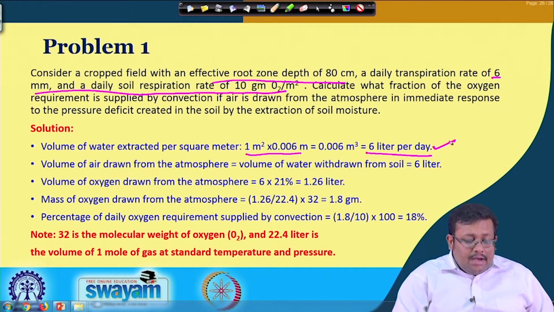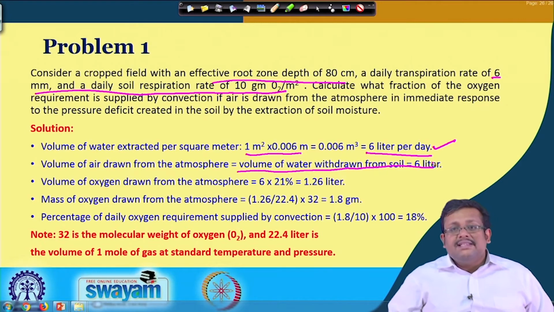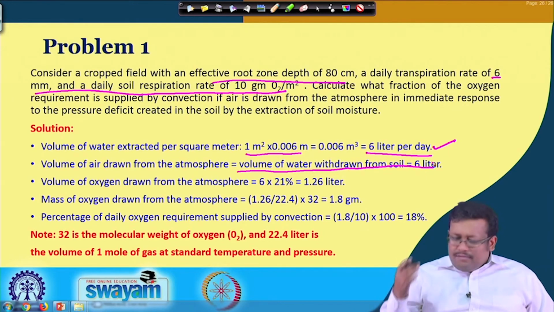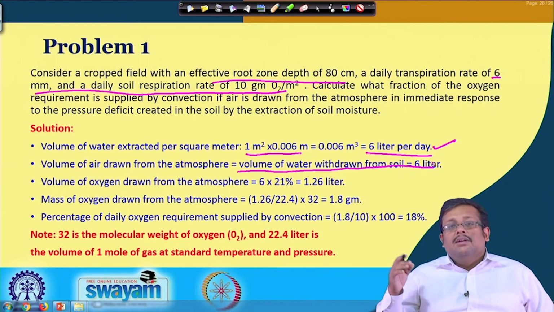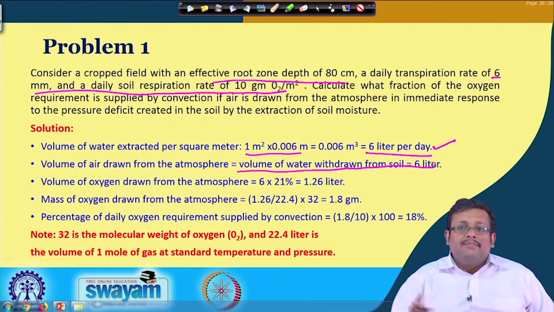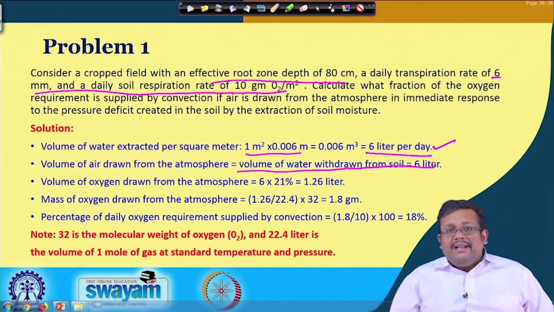Second, the volume of air drawn from the atmosphere will be similar to the volume of water withdrawn from the soil, that is 6 liter, because whatever water the plants are drawing from the soil will get replenished by air from the atmosphere. The similar volume will be maintained.